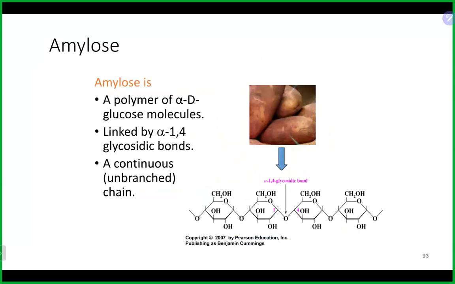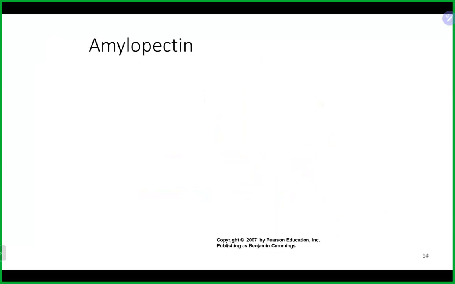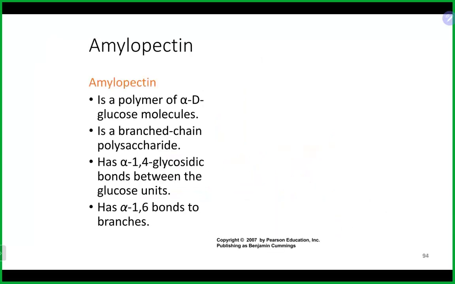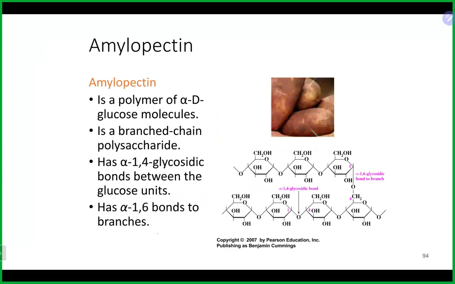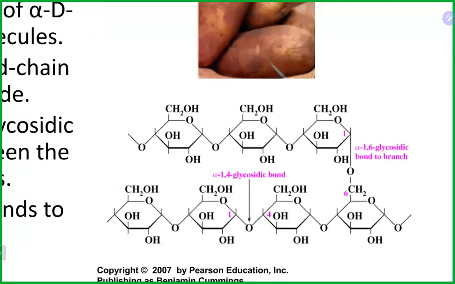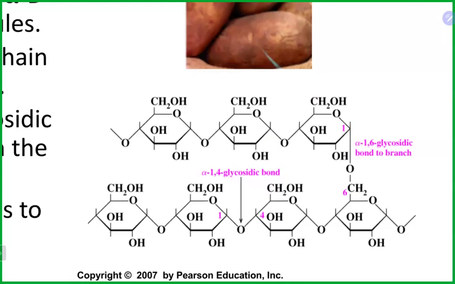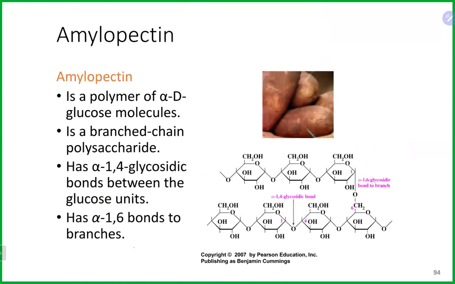So amylose is again unbranched, held together by the alpha 1,4 bond, while amylopectin, again, has a little bit of branching, giving us two different types of glycosidic bonds, alpha 1,4 and alpha 1,6. And again, to an earlier question, maybe you have a picture like this, you need to identify that bond between the carbons.